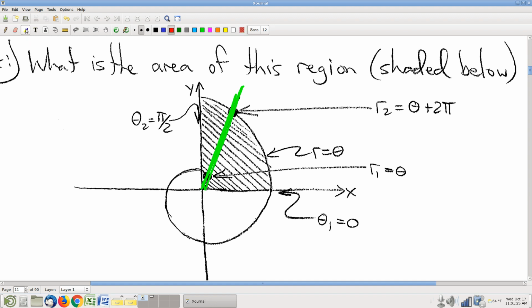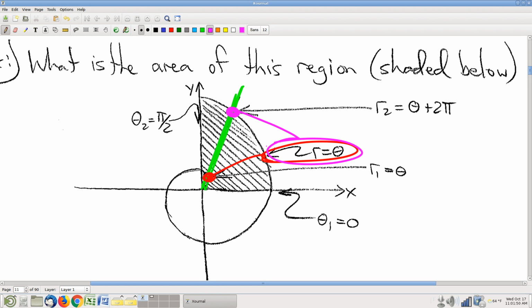What a lot of students want to do, and I see the temptation, is say, well, this point is on this curve. This point is on that curve. And let's see, the ending point is that point, and that point, it's on the same curve. And so there's a temptation to have the integral go from theta to theta, which of course doesn't make any sense.